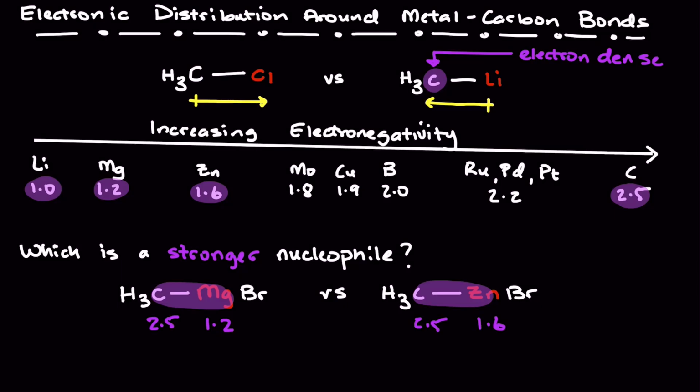Here we see that the difference in electronegativity for a carbon-magnesium bond is greater than for the carbon-zinc bond, which means that the bond dipole moment of a magnesium-carbon bond is stronger or more prominent. As a result, the carbon on the organomagnesium compound is going to have more negative charge character, which is going to make it more nucleophilic.